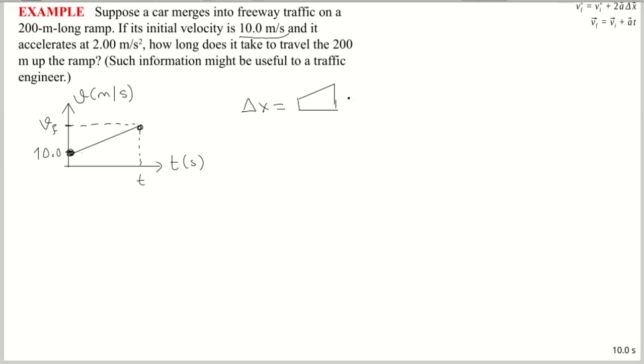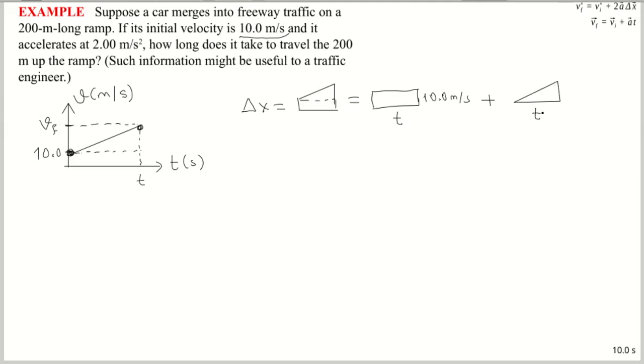We can separate this into two pieces, one rectangle part and another triangle part. The rectangle part is something like this: the base is t, the height is 10 meters per second. The triangle part is something like that.